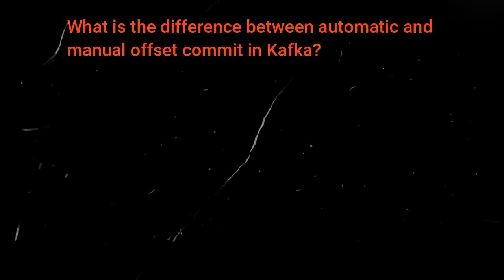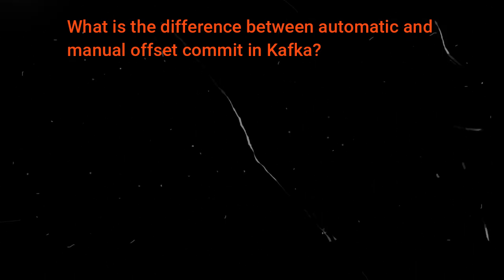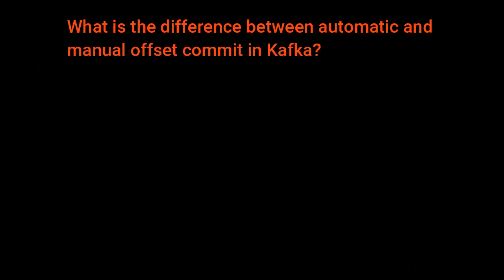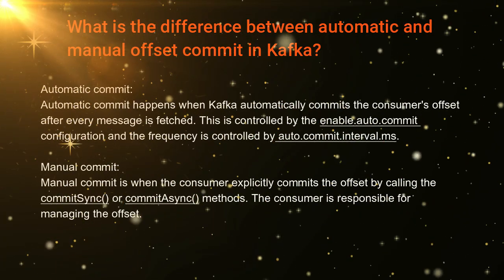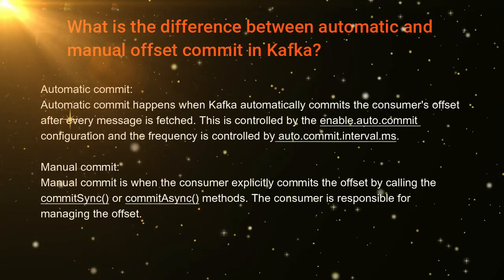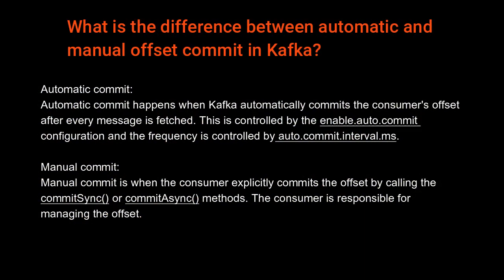Now the second question is, what is the difference between automatic and manual offset commit in Kafka? There are basically two types of offset commit: one is manual and the other is automatic. First, the automatic commit. Automatic commit happens when Kafka automatically commits the consumer's offset after messages are fetched.